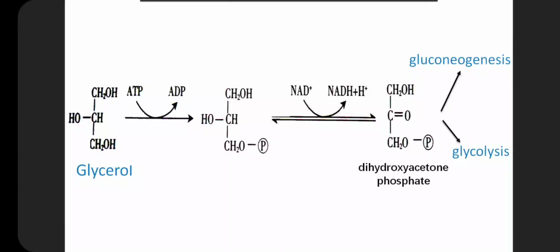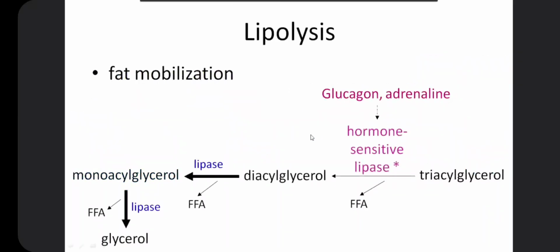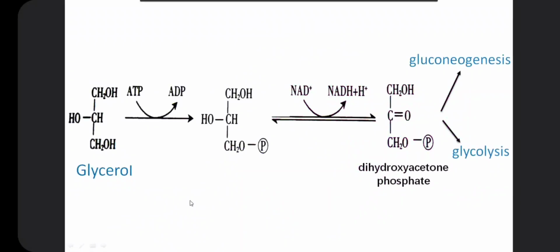And then after fat mobilization, the triglyceride has been hydrolyzed into glycerol and FFA, meaning free fatty acids. Next let's see how to catabolize the glycerol and the free fatty acids. First, the glycerol.